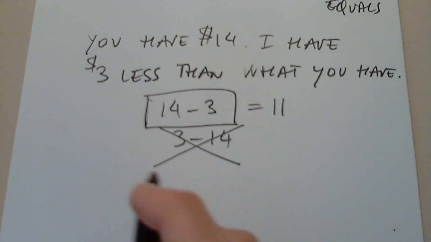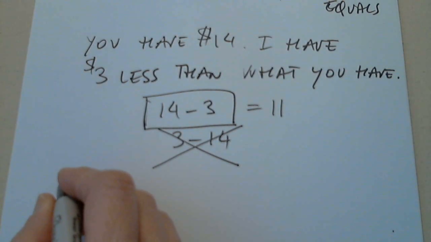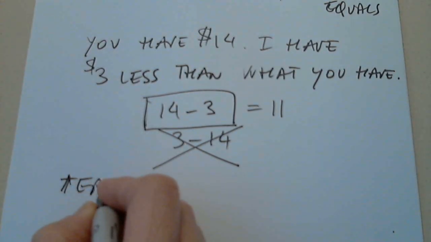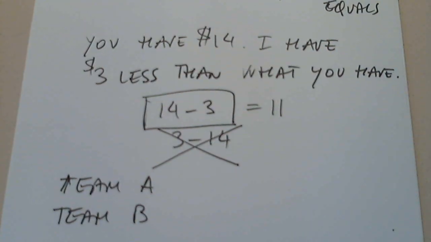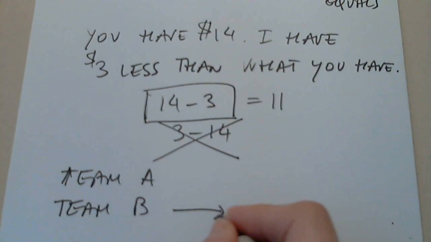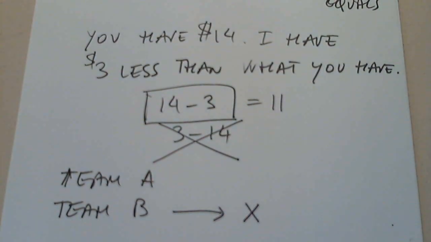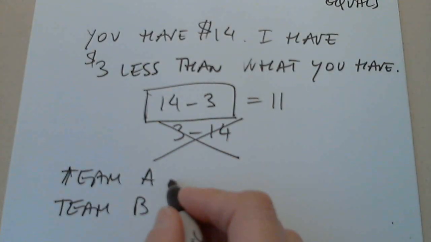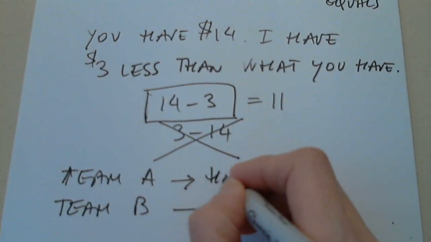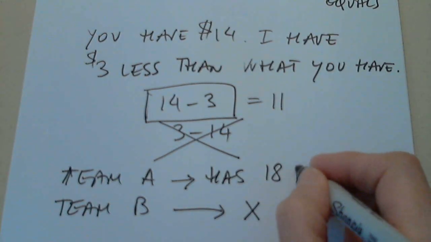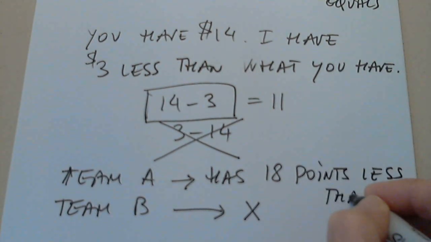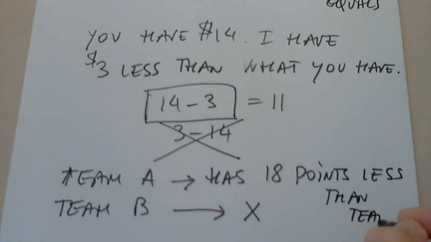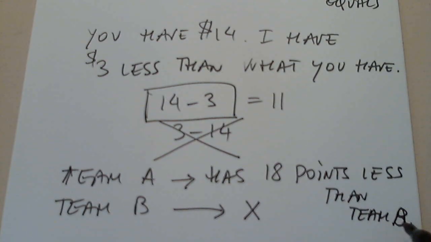Okay, here's another example. Assuming there is a team A and a team B. If team B has a score of X, and we say team A has 18 points less than team B, sorry.